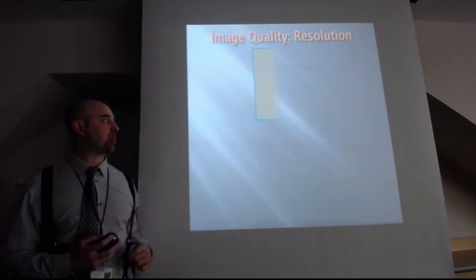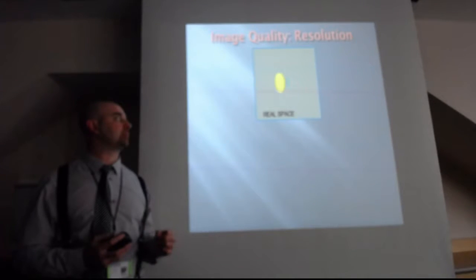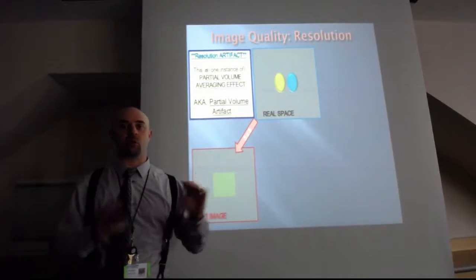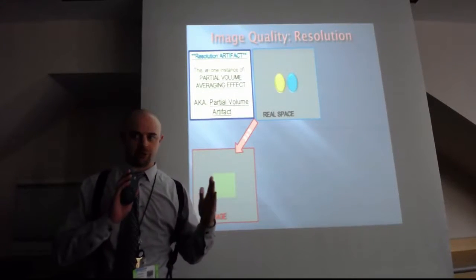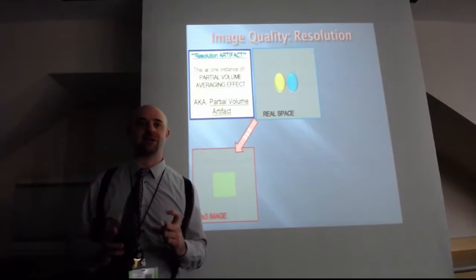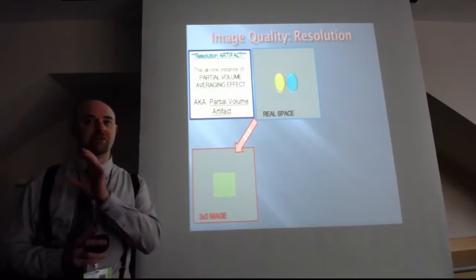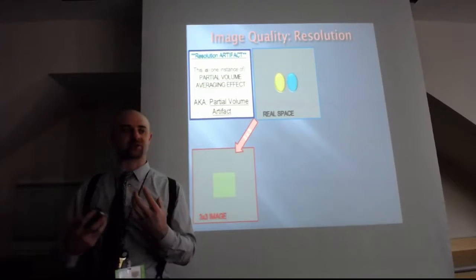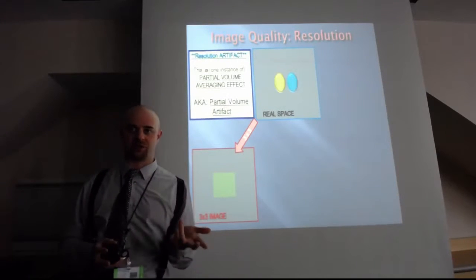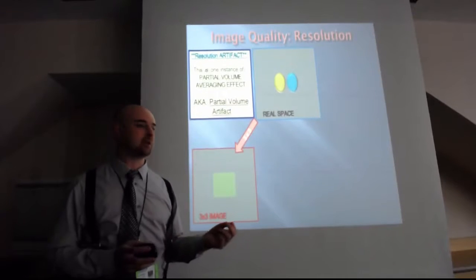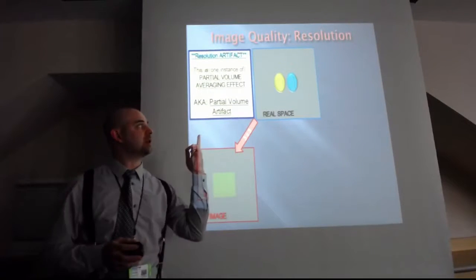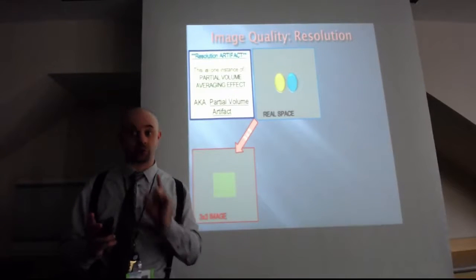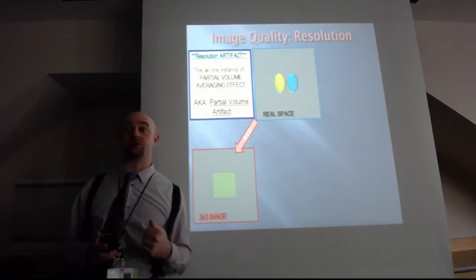So the important thing to note from this example is that anytime you're imaging, whatever you set your pixel sizes to be, know that whatever happens inside the volume of that pixel or voxel is going to be averaged when it's presented in the imaging space. That's why, instead of a yellow oval and a blue oval, they get averaged over the entire pixel that you've designated, which is why you get a green square.